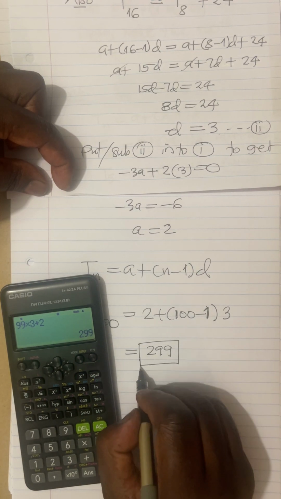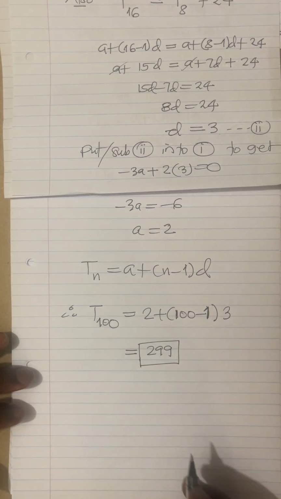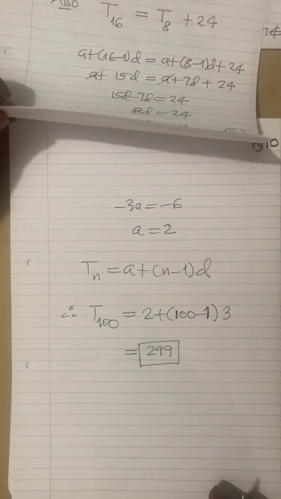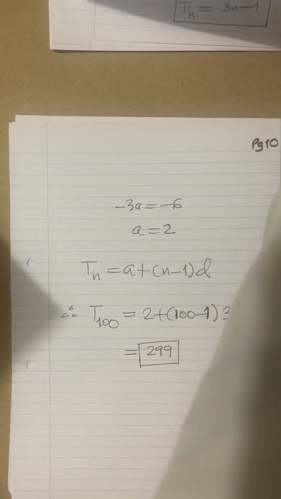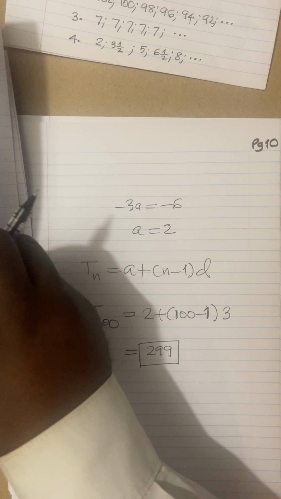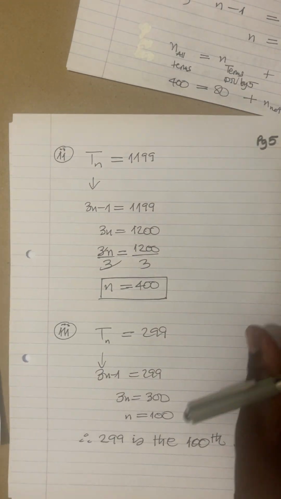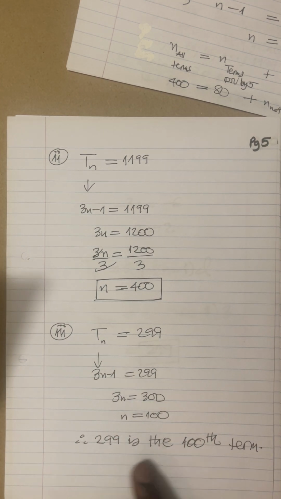Of course, you would recall that here I'm just playing with your mind. It's the same sequence that I've been dealing with, and we saw that term number 100 was actually 299. The question was saying which term is 299. Let me just go back a little bit to show you what I'm talking about. Do I have that page here close to me? Which term is, there it is. Term number 100 is 299.